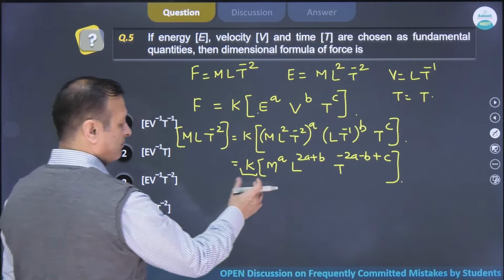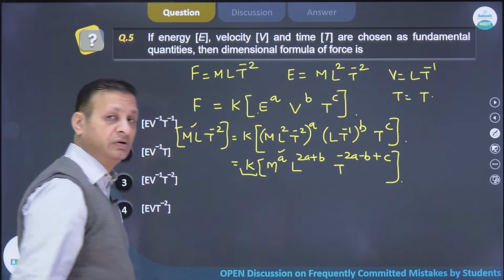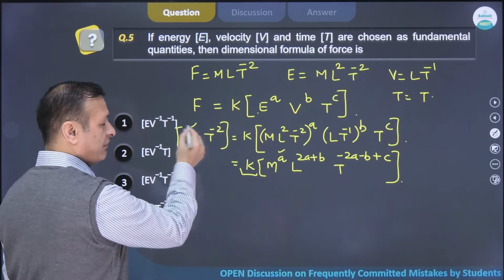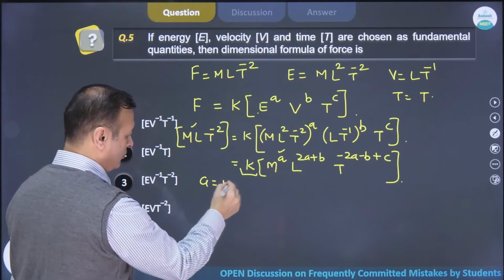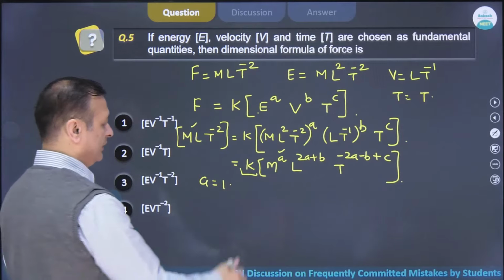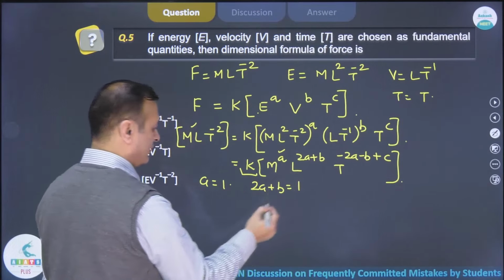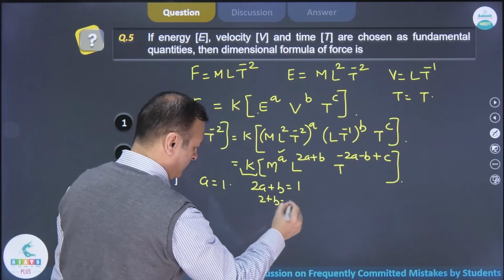Now, equating the powers. So, what is the value of A? When you look at the power of M on the left hand side, it is 1, and on the other side, so A comes out to be 1. Then second equation, 2A plus B is also 1. So, when you put the value of A as 1, this is 2 plus B is equal to 1.